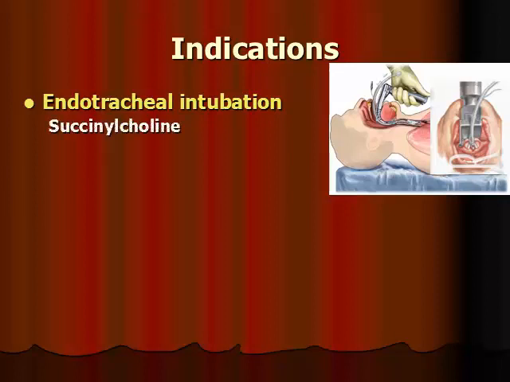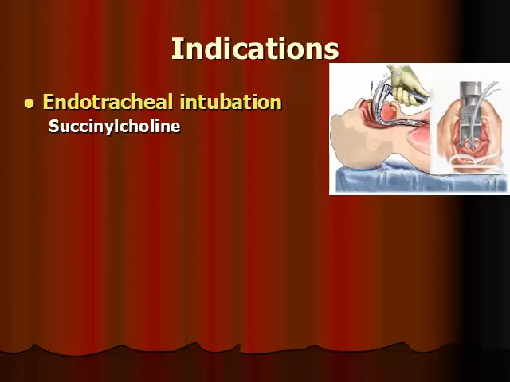The best, and the most commonly used drug, is the shortest acting one, e.g., succinylcholine. Usually, the induction starts by a short-acting anesthetic, e.g., intravenous thiopental. This anesthetic will act for about 10 to 15 minutes. When the patient loses his consciousness, the succinylcholine is injected intravenously.